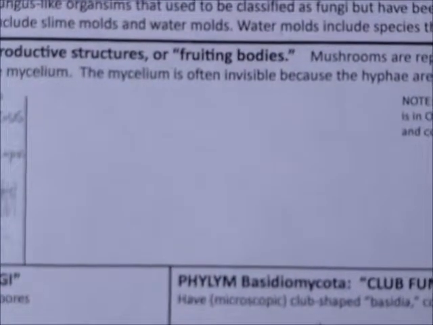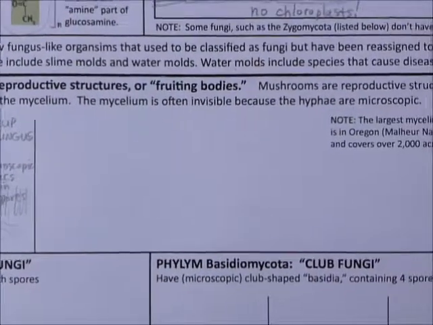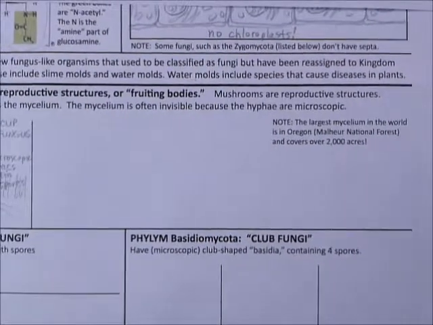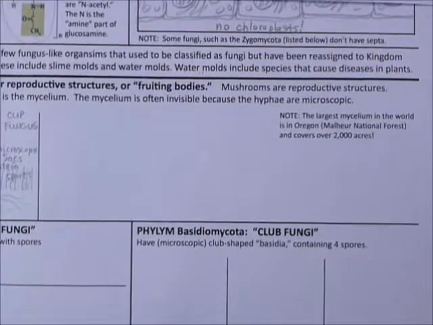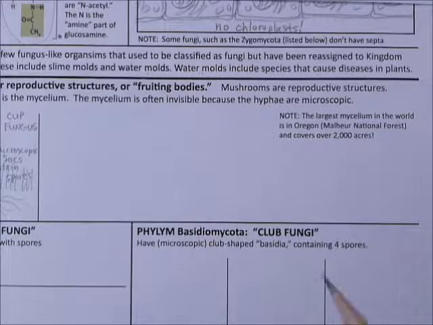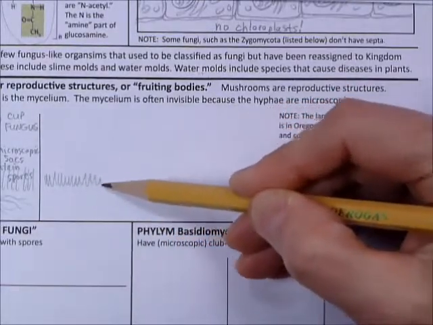Okay, we're going to move over here. And we're going to do another fun picture right here. We want to show that a mycelium will grow multiple fruiting bodies, but a single mycelium will always grow the same type. So we're going to put another little grass line in here.